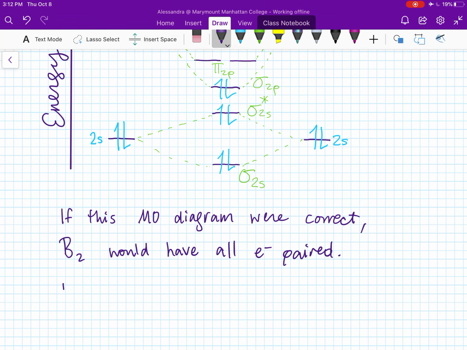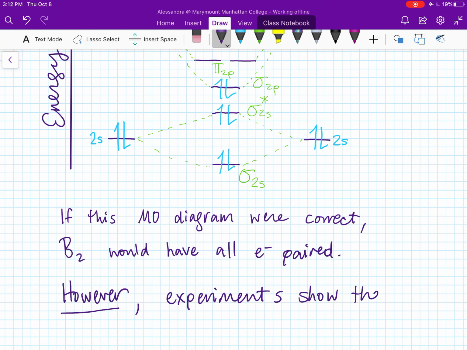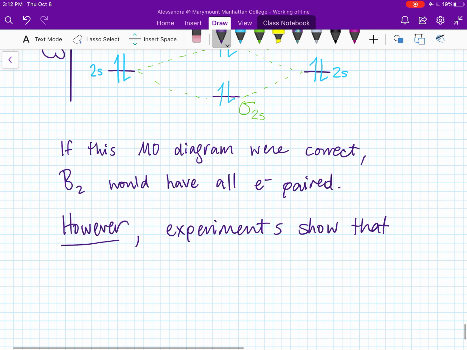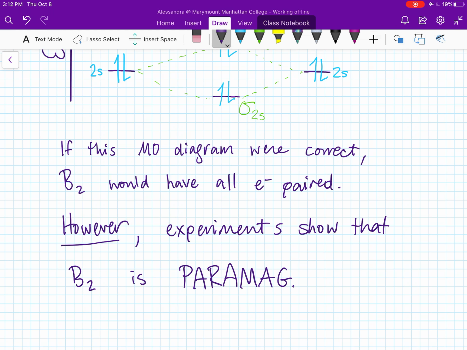However, and this is a big however, experiments in the lab show that the B2 molecule is actually what's called paramagnetic. So this is a new vocabulary word, paramagnetic.